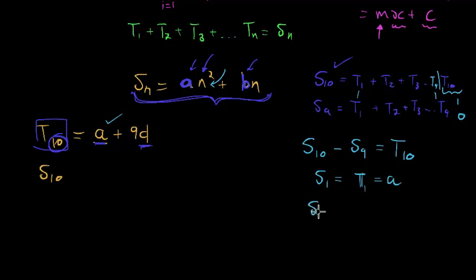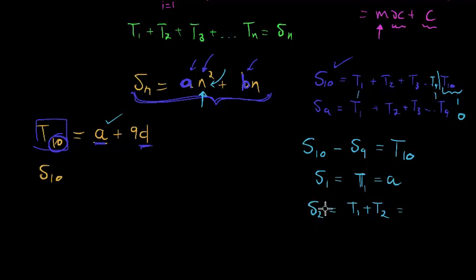Now what is S2? T1 plus T2. How can I get S2? I just put a 2 in there, and I get the sum of these two terms.